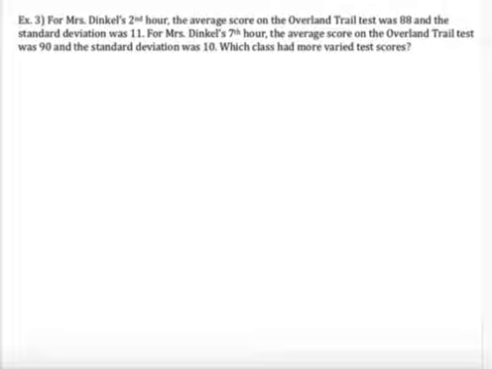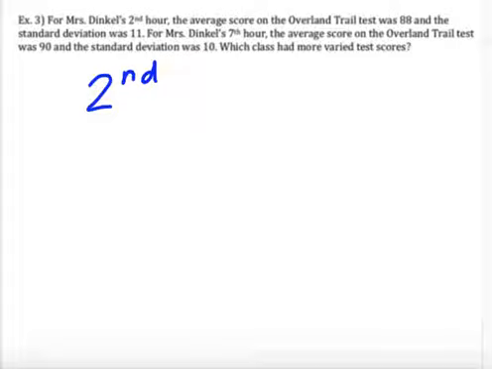So standard deviation, the official definition is how spread out the data is. Second hour has a standard deviation of 11. 7th hour has a standard deviation of 10. So second hour is more varied data.